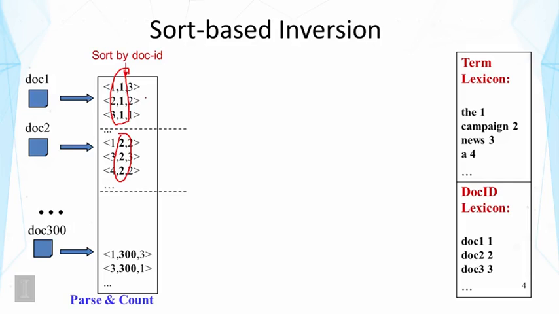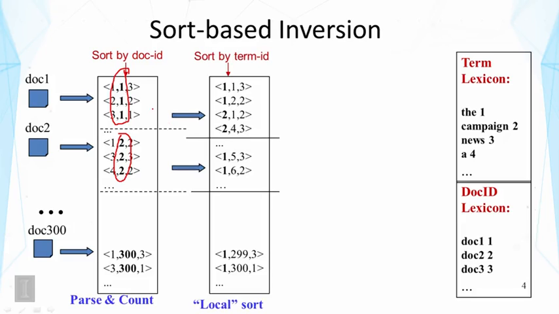At some point, we will run out of memory, and then we would have to write them into the disk. Before we do that, we're going to sort them. Just use whatever memory we have, we can sort them, and this time we're going to sort based on term IDs. Note that here we're using the term IDs as a key to sort. So all the entries that share the same term would be grouped together.